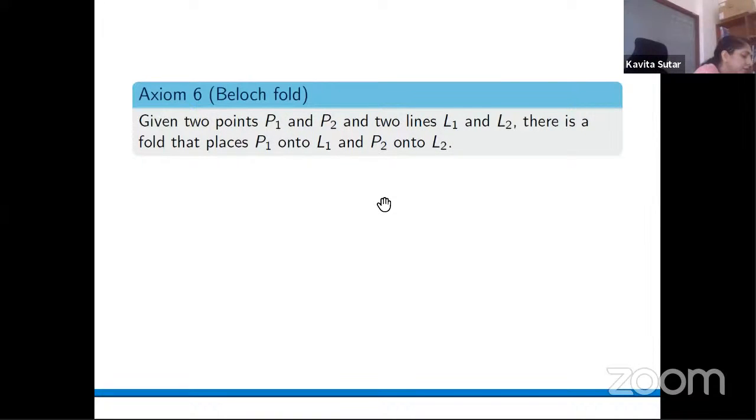Now, the same thing goes for P2 and L2. Because the fold put P2 on L2, the points on this line are equidistant from both P2 and L2. Similarly, I can take P2 on L2. There is one point here which is equidistant from both P2 and L2.